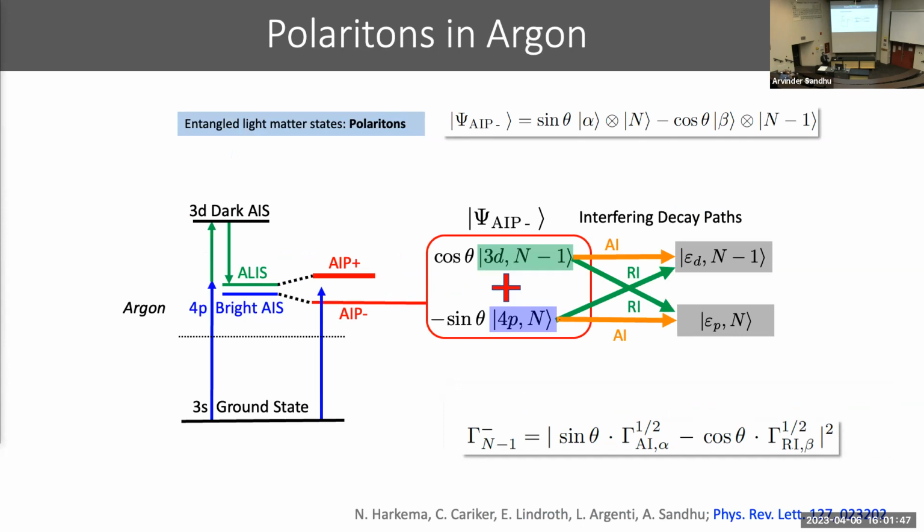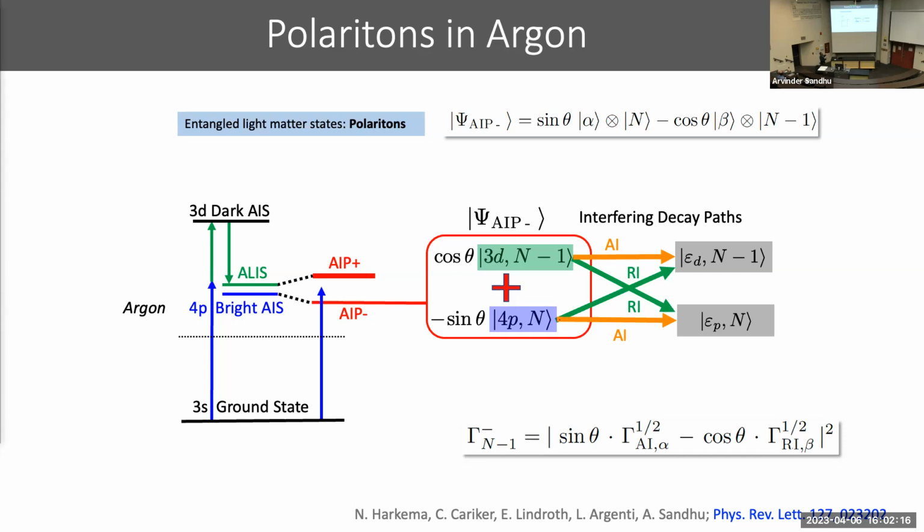In our experiment, those two components were determined by the two states we were using. We were working with an argon system, which had an electron excited from the 3s state to the 4p state, and it was coupled to the nearby state, which was a 3s electron excited to the 3d state. So I call them 4p and 3d components instead of alpha and beta. So this is the 4p with n photons, 3d with n minus 1 photons.